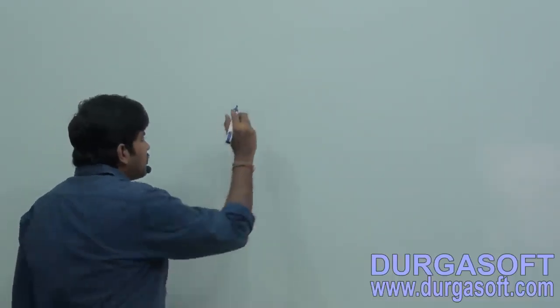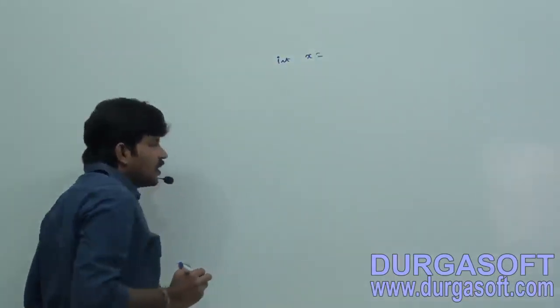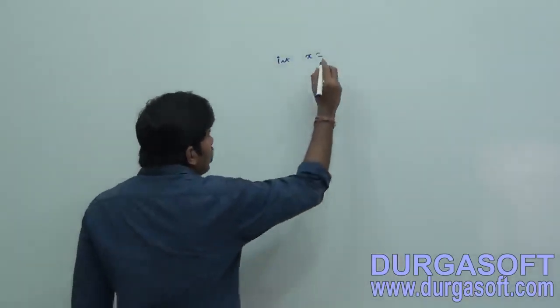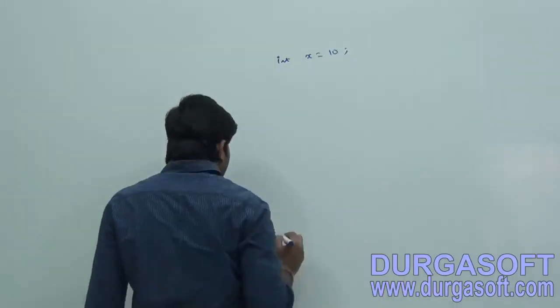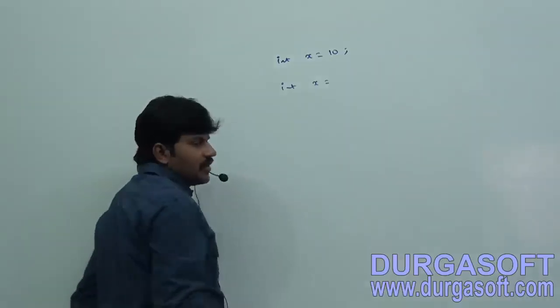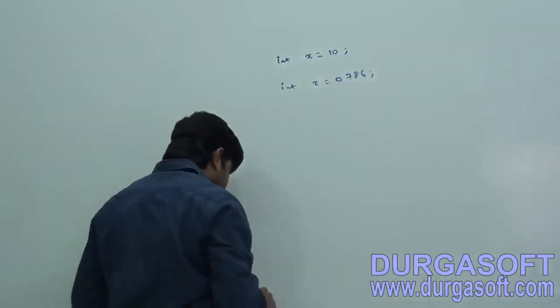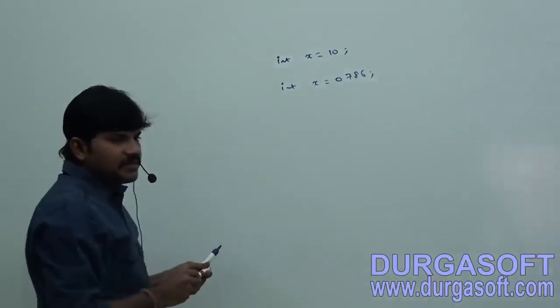Now, from this discussion, what possible questions can we expect for the exam? One possibility. Listen. Sir, I am taking int x is equal to 10. Valid or not? Int x is equal to 0786. Is it valid or not?